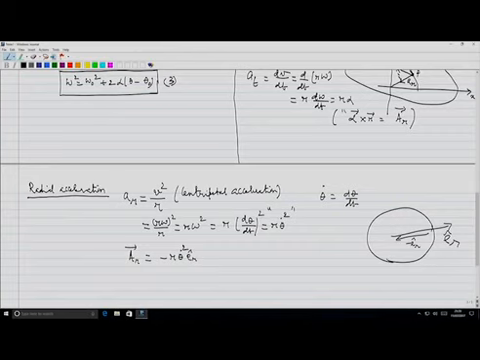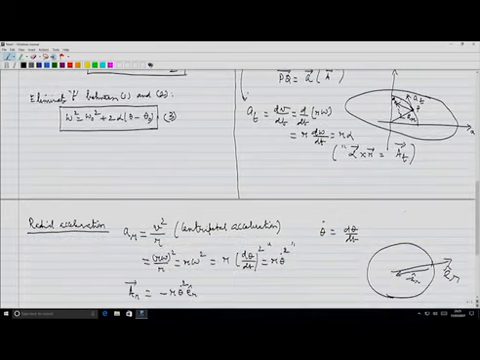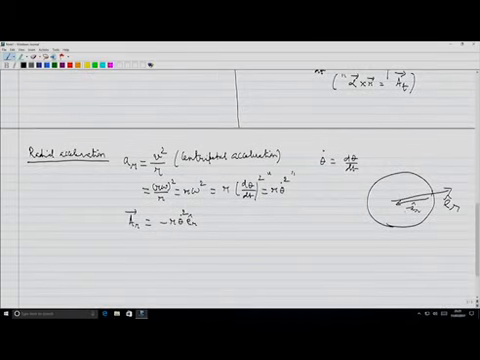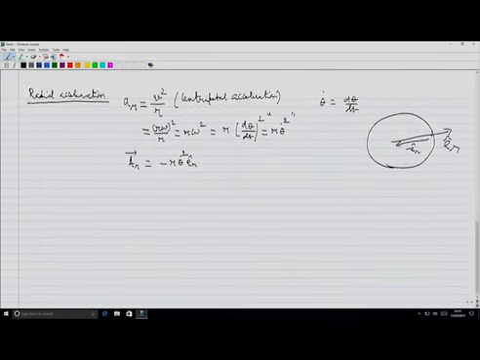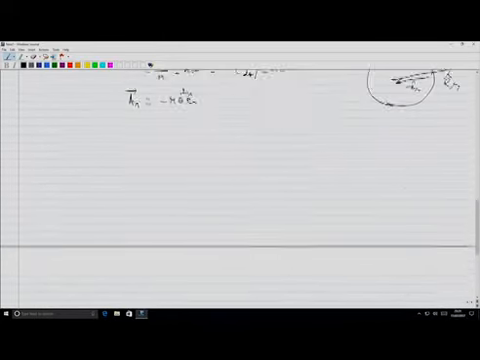Now we have the tangential acceleration term, and we have the radial acceleration term. Therefore we can calculate what is the actual a, which we wrote earlier.